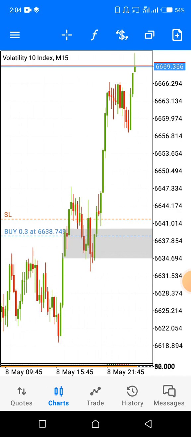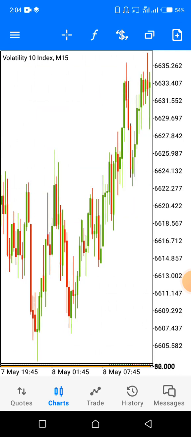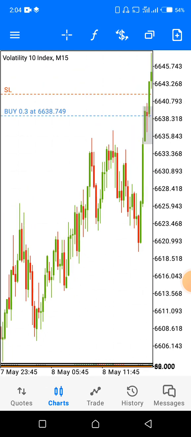As you can see, I'm in a trade. But why did I enter this trade? First of all, I got my 15 minutes time frame, and this is the volatility 10 index. I saw that the market was making higher highs and higher lows to the upside.